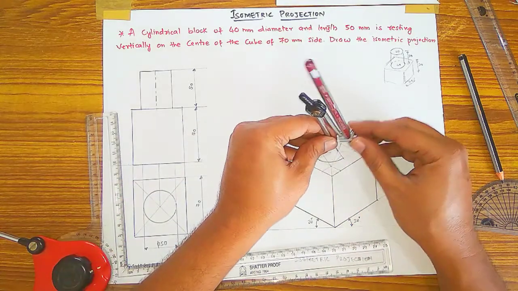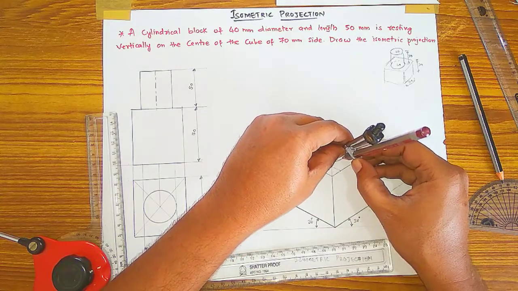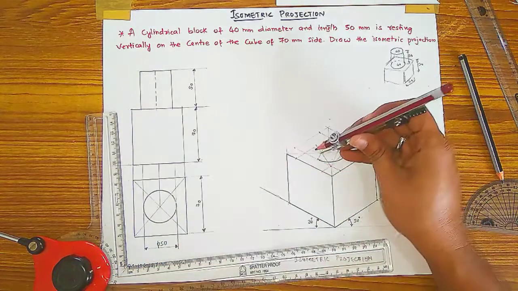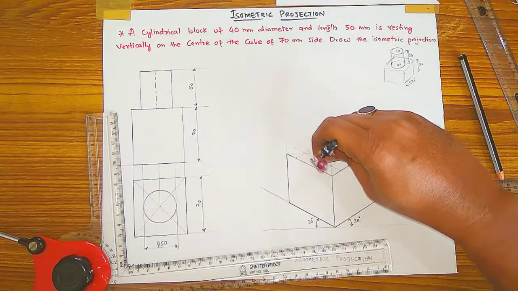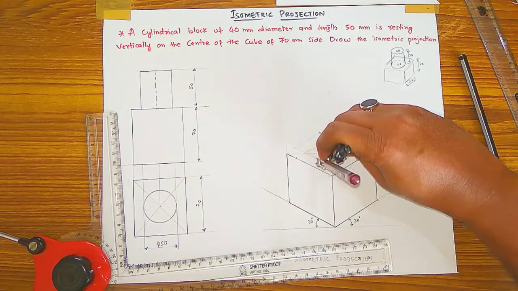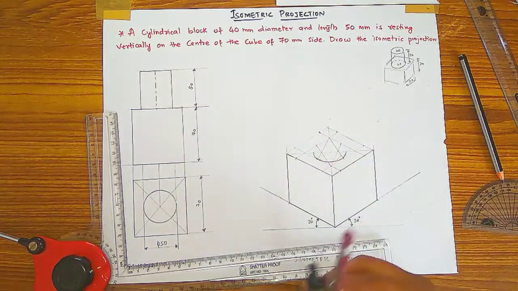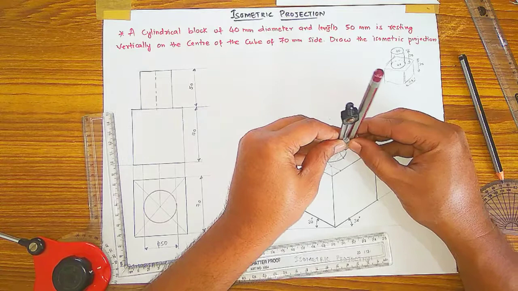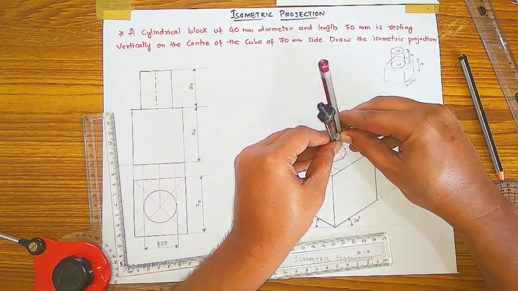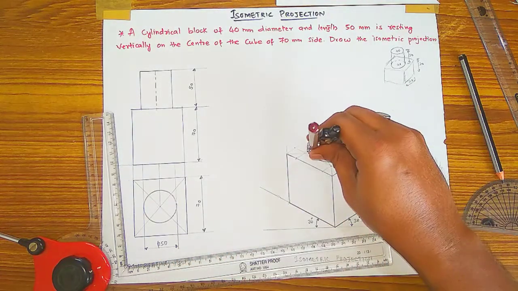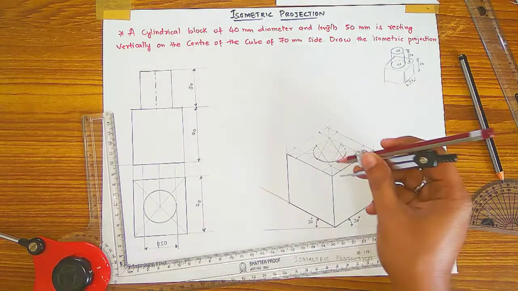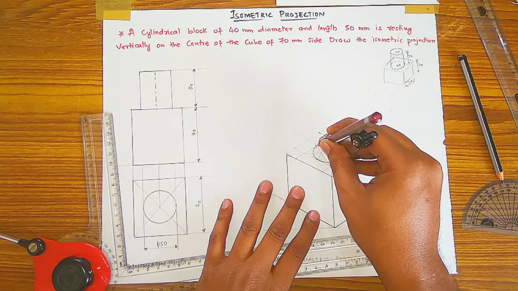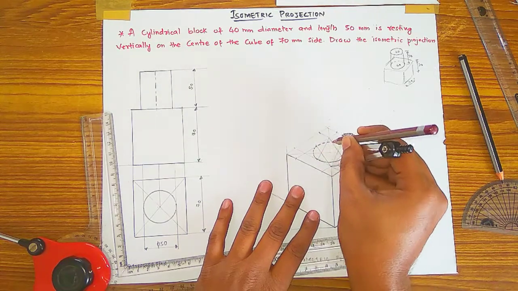This much, and keep your divider here and draw this much also, and from here this much. Okay, the remaining section is invisible, so do it dotted like this. Adjust your divider and draw that also.